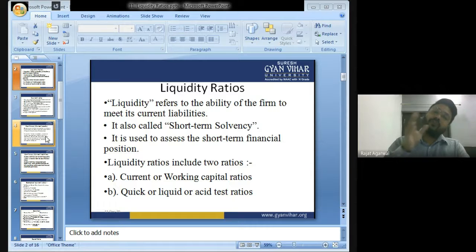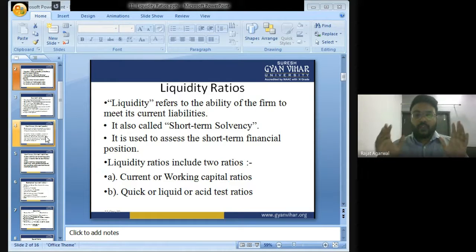And formula of quick ratio is quick assets divided by current liability. I told you in quick asset, we will consider all the current assets excluding stock and prepaid expenses. Quick assets are all the current assets, but it does not include two things, stock and prepaid expense.